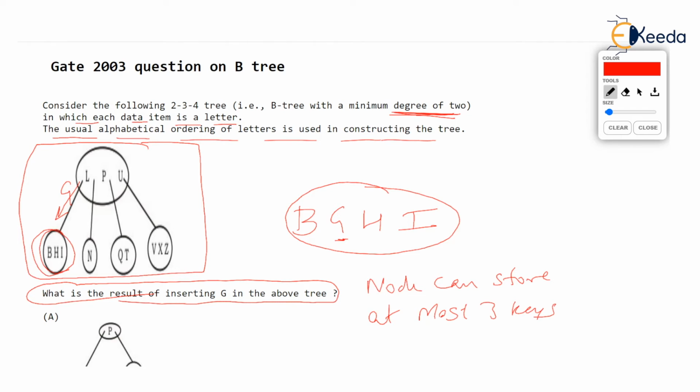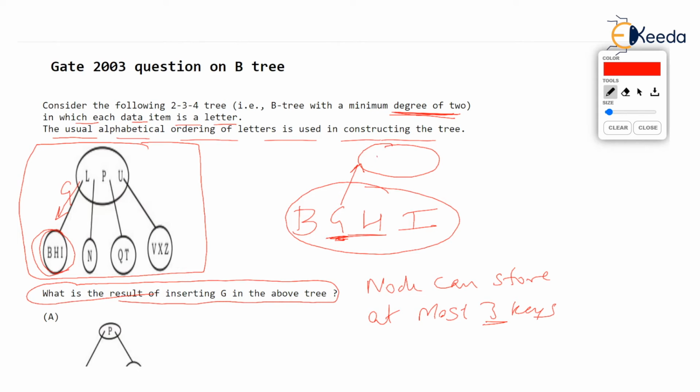So you cannot store G. Then what you will do is use split and propagate, because the node is overflown. Then it is up to you to decide who should be the median, because there is no perfect median here. You can't take the midpoint of BGHI, but the median has to propagate up, isn't it? Now imagine that you appoint G as the median. So G will go to the root. So it should be what?